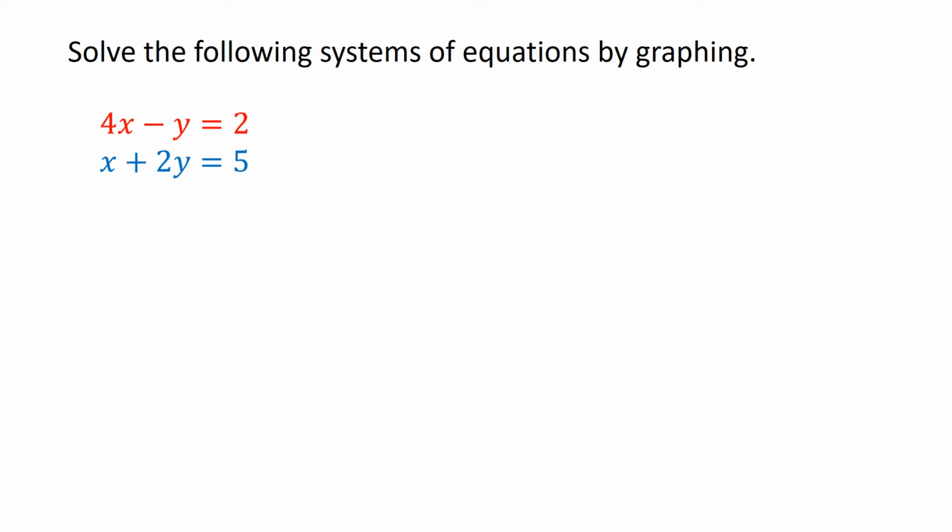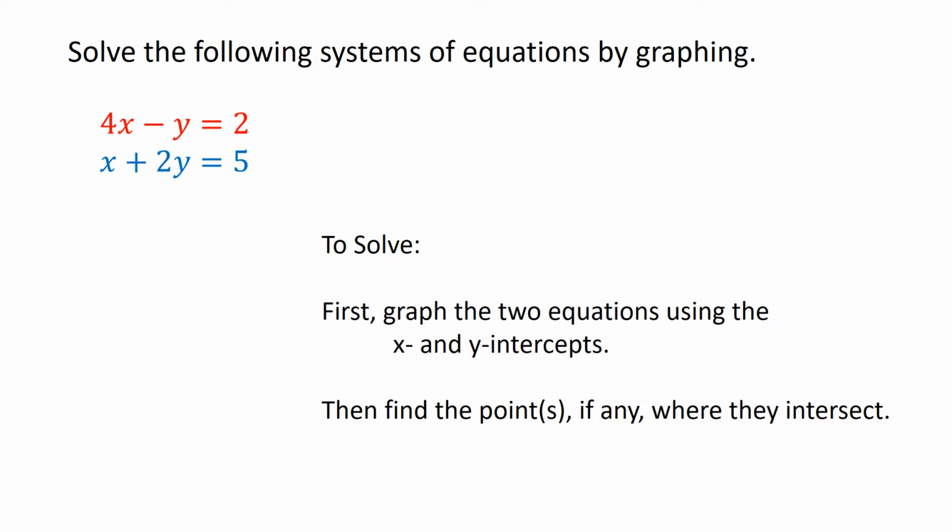So first we're going to solve by graphing. Say we have 4x minus y equals 2 and x plus 2y equals 5. There's two different ways that we can solve. One way is we can graph the two equations using the x and y intercepts and then find the points where they intersect.